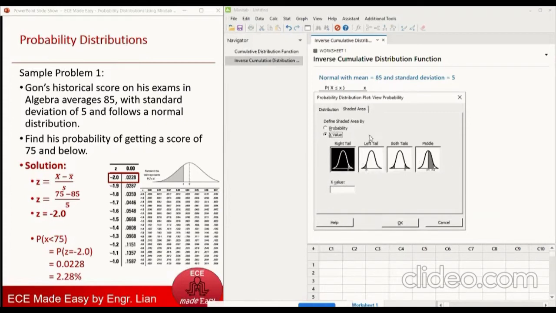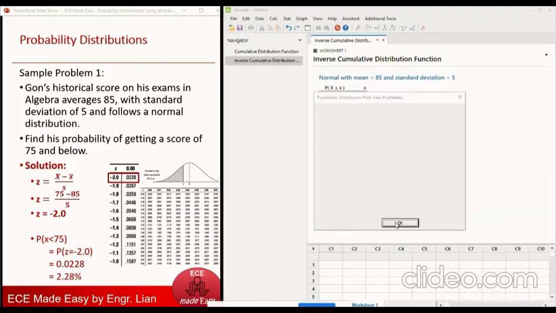So the advantages of using this probability distribution plot, one is that you can actually select which tail specifically you want to get, either probability or the X value. And you could actually select even the middle, which is faster. And you will have a graphical view also. Now we are focusing on the left tail. Input the value of 75. Click OK.